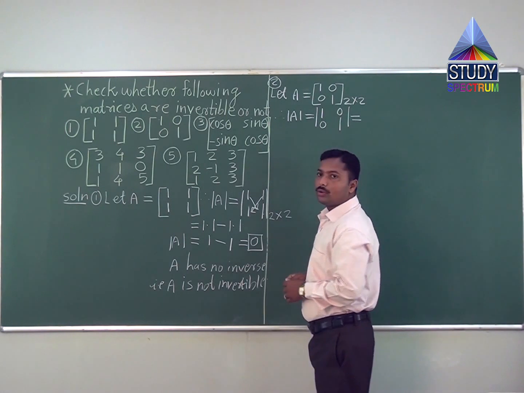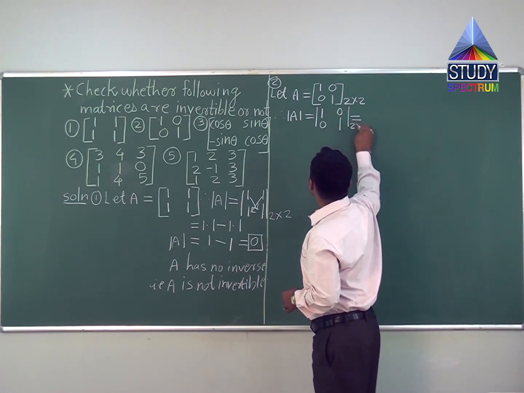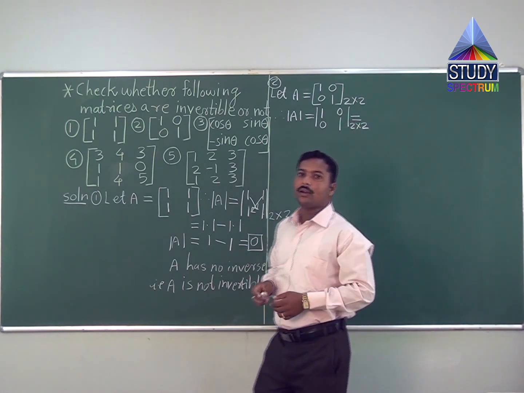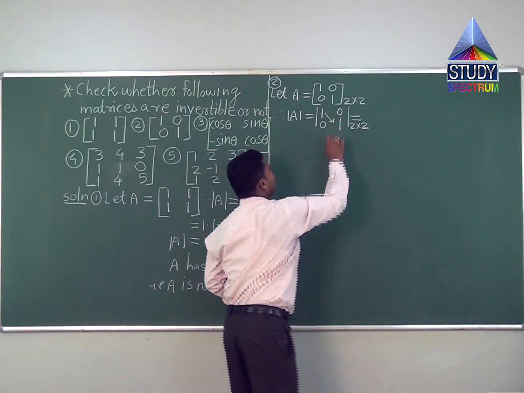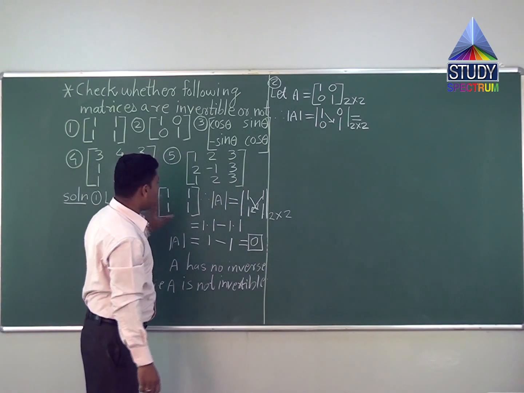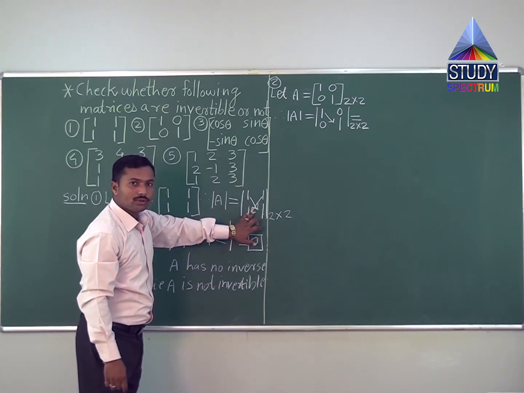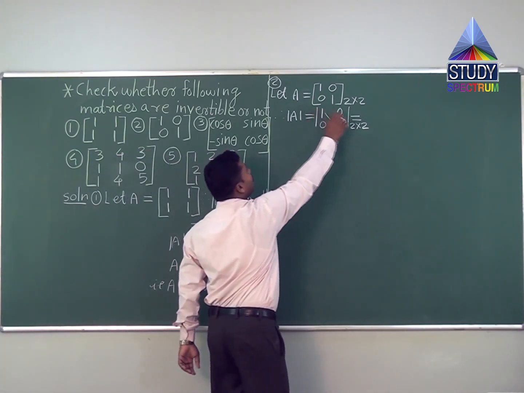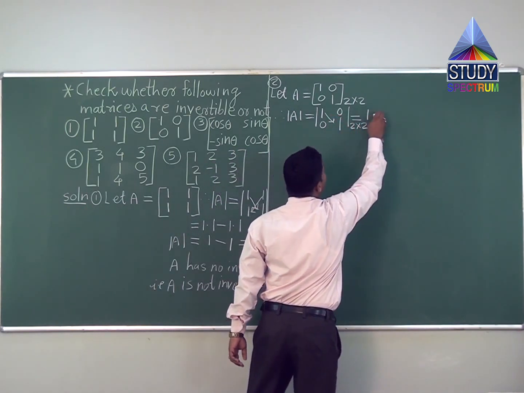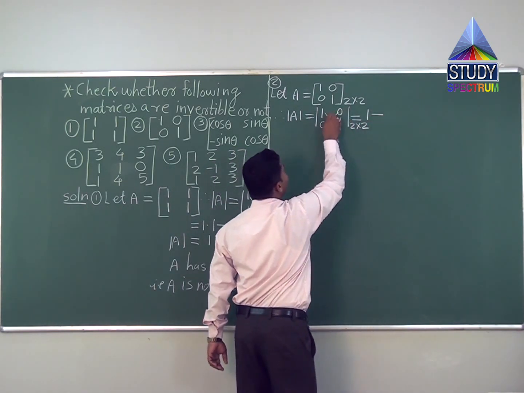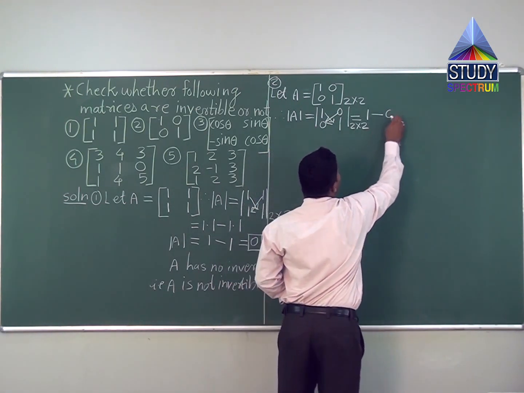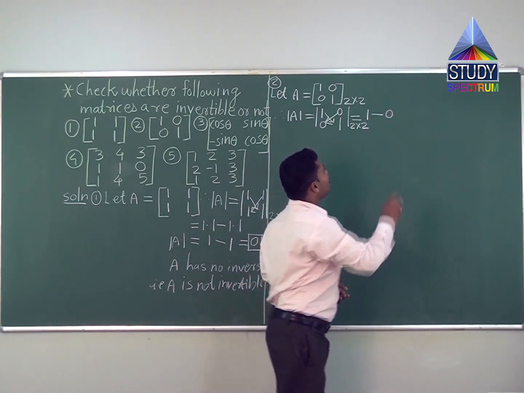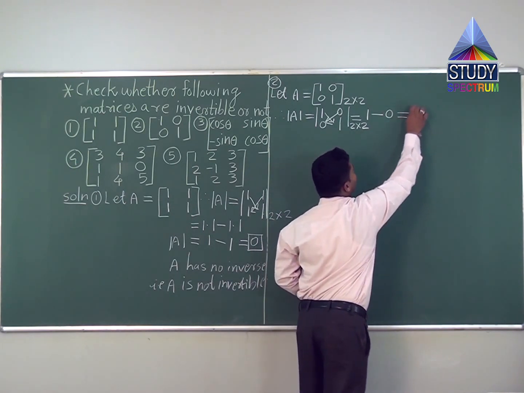This is a 2 by 2 order determinant. What is the procedure? Same procedure as before. So 1 into 1 is 1, minus 0 into 0, which is 0, so 1 minus 0 is 1.